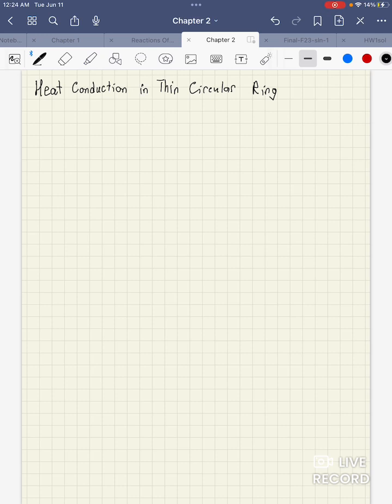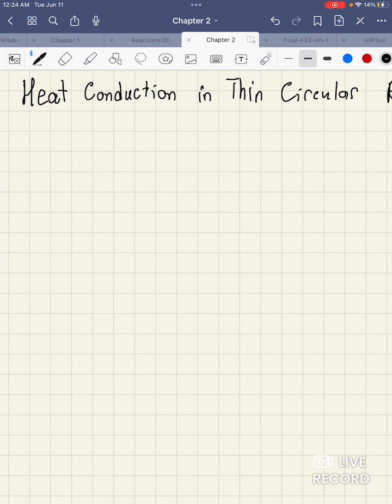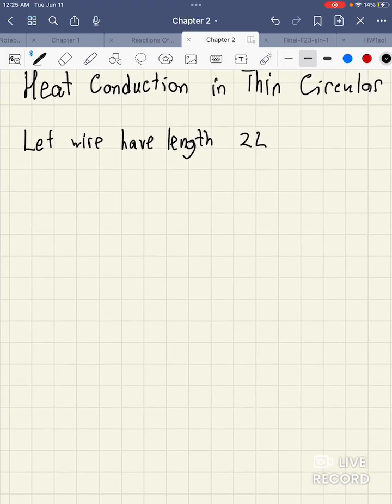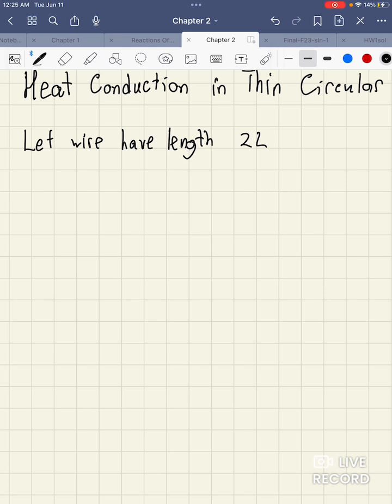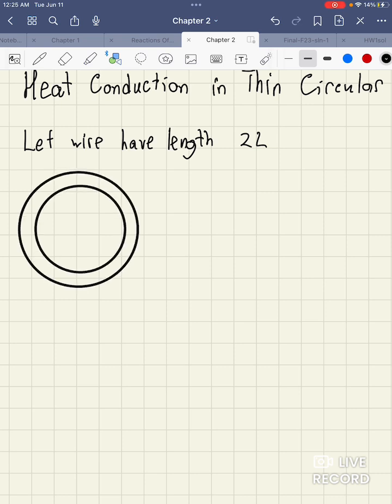Suppose we have a wire. Let's say the wire has a length of 2L. Why do I choose 2L? Because it simplifies things, there are some cancellations. Now suppose we have that straight wire and we bend it to make it circular.